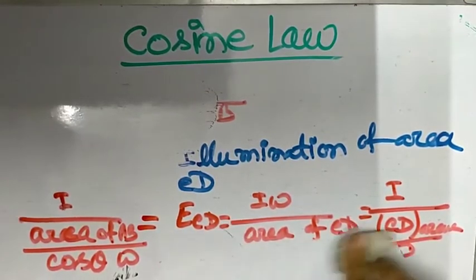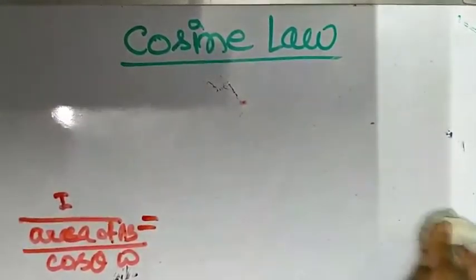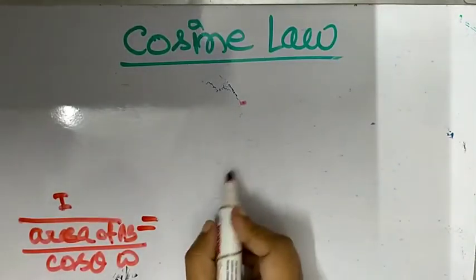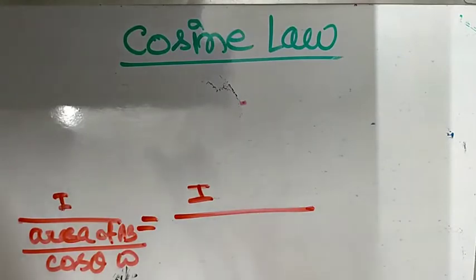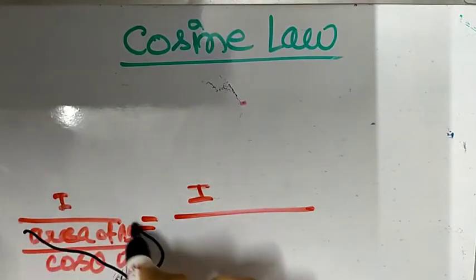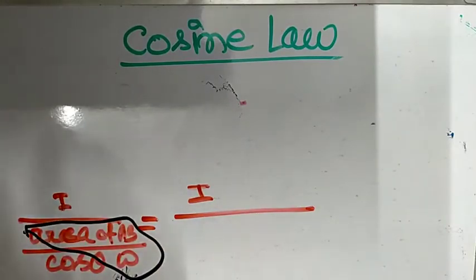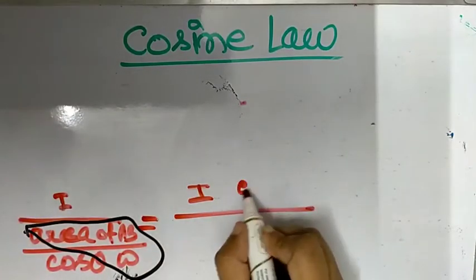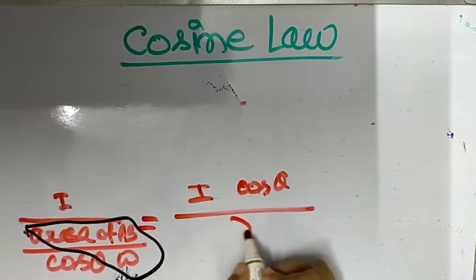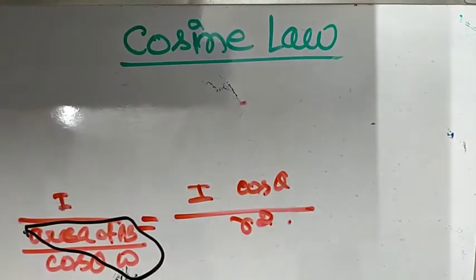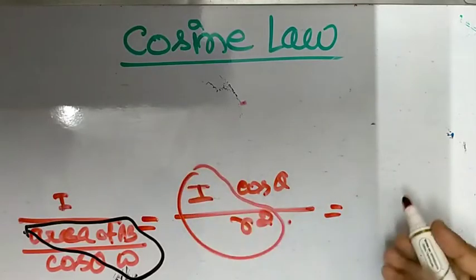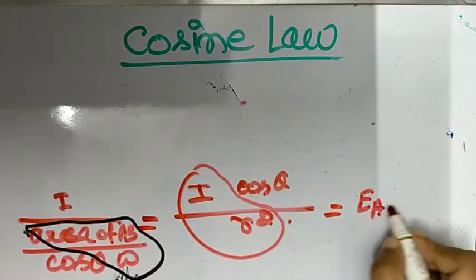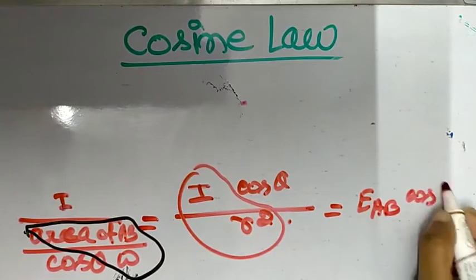Now this is equals to I, and this is equals to R square, so I into cos theta by R square, or we can write I by R square is E_AB into cos theta.